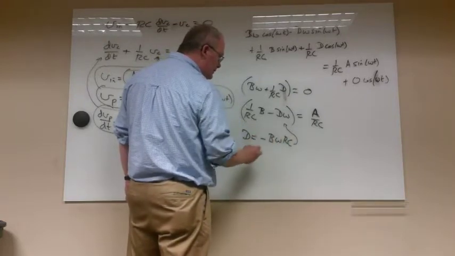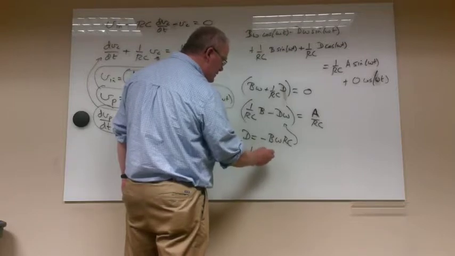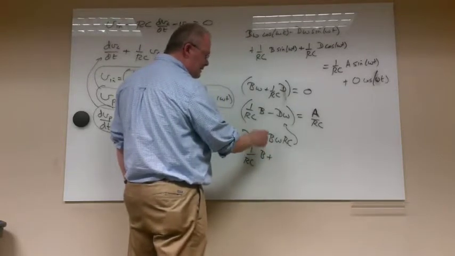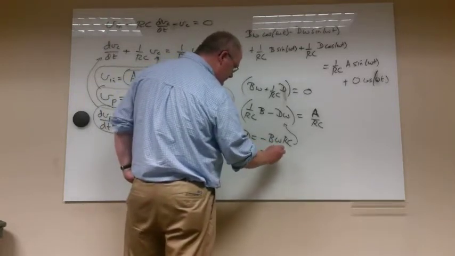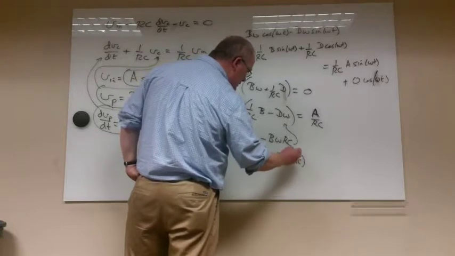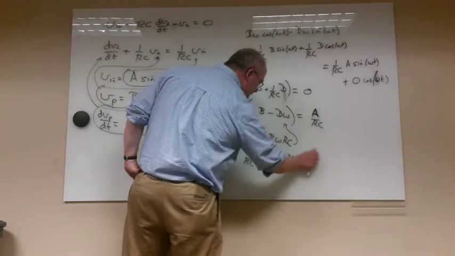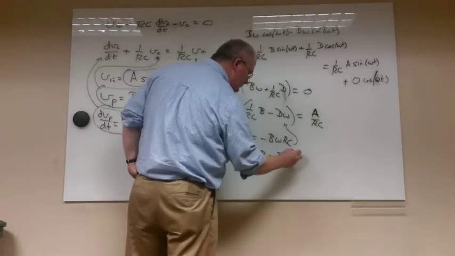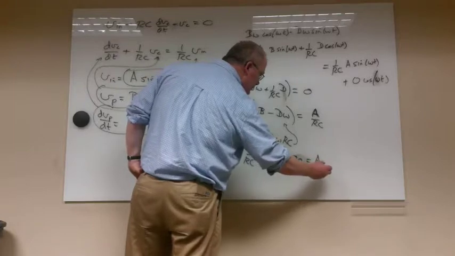Plug that in here, and I get 1 over RC times B plus, because I have a negative of a negative there, B omega squared RC, not squared yet, just plain old RC, that is equal to A over RC.